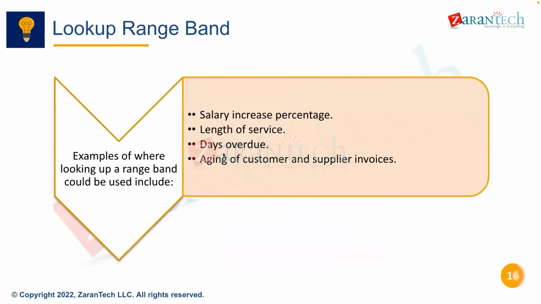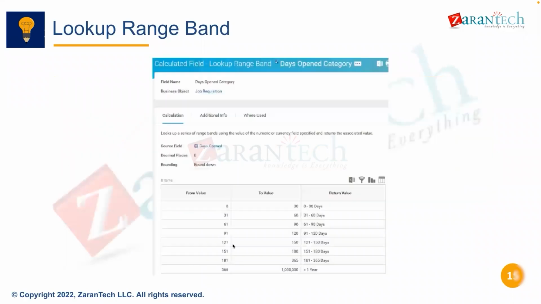One example that I've already told you is about the salary increase. I told you about the salary percentage, but similar to that, you can have a salary increase percentage band as well. If an employee has 0 to 10% of salary increase, maybe just say that's low salary increment, 10 to 20, maybe medium, and anything above 20 will be high salary increment. So you can define a range here as well, which is from and to, and based on that, we can return the results.